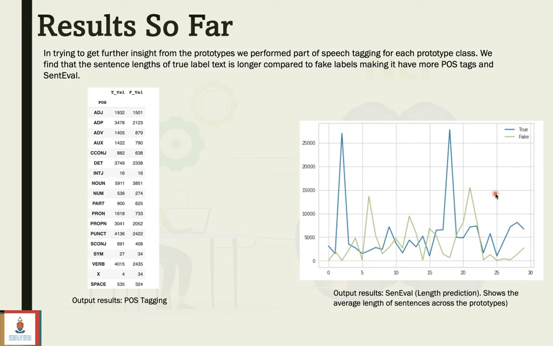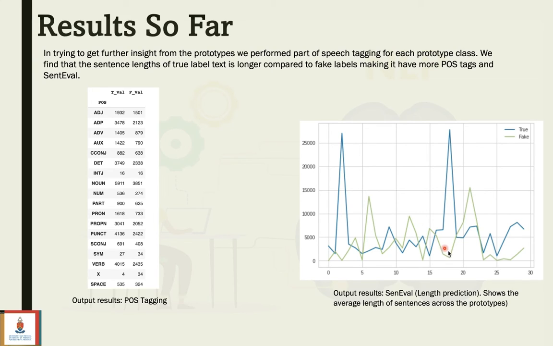This task gives you an accuracy in terms of how well the embeddings actually have the linguistic property for the length. In our case, the length prediction accuracy was quite high. We achieved an accuracy of 80% for the SentEval task for length prediction.